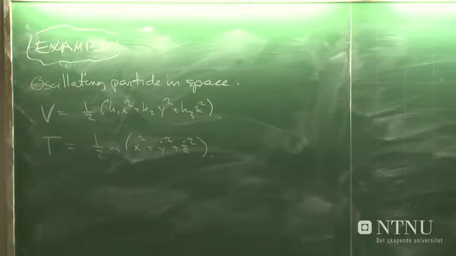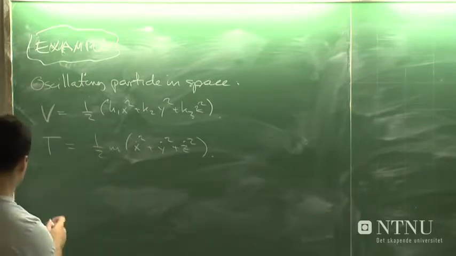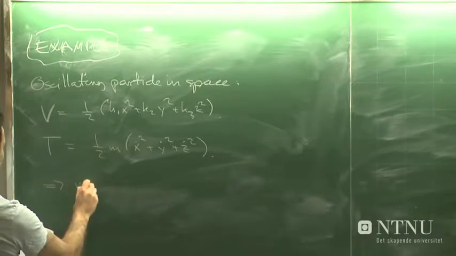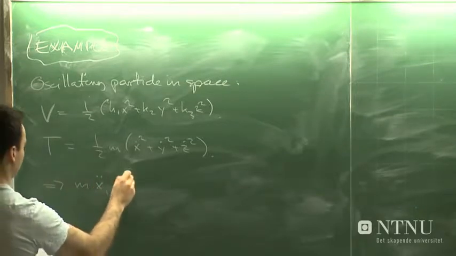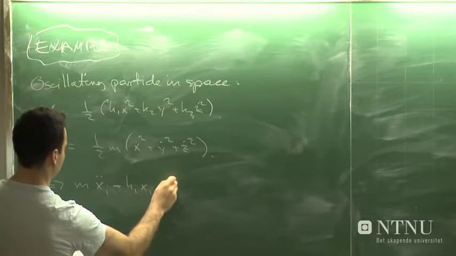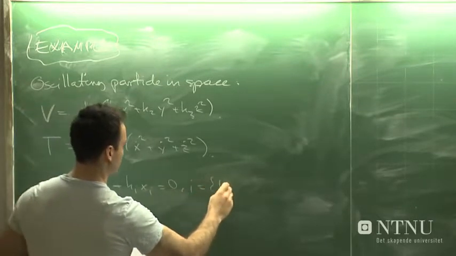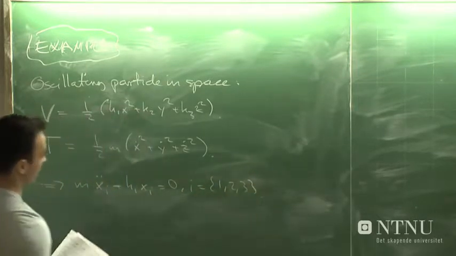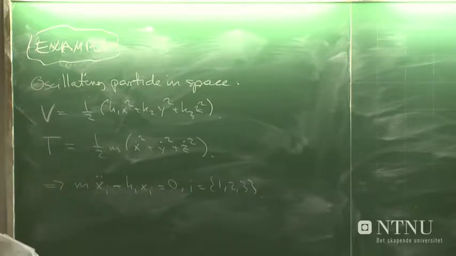The kinetic energy is like this. The equations of motion are obtained like this, simply by constructing the Lagrangian and then using the Lagrange equations.